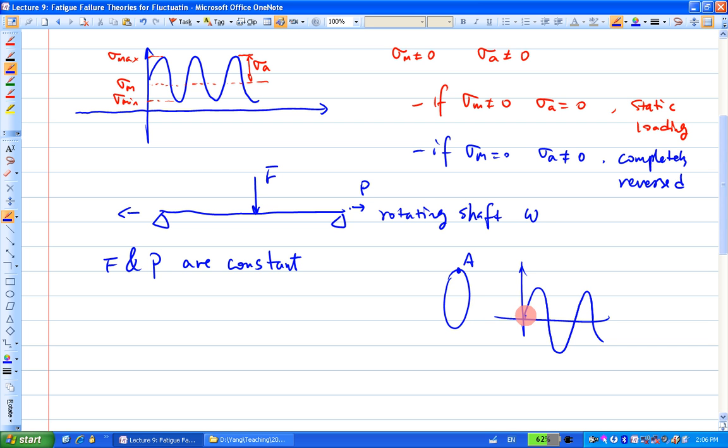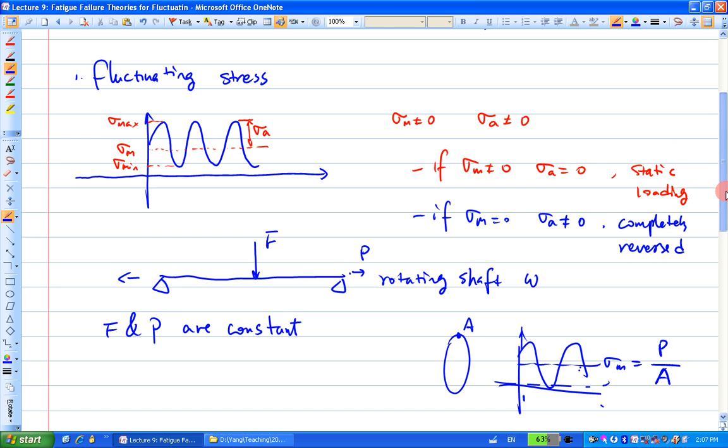So this curve will move up by a constant value, and that gives you the so-called fluctuating loading condition. And this mean value here is basically P over A. So this is one example of a fluctuating loading condition.